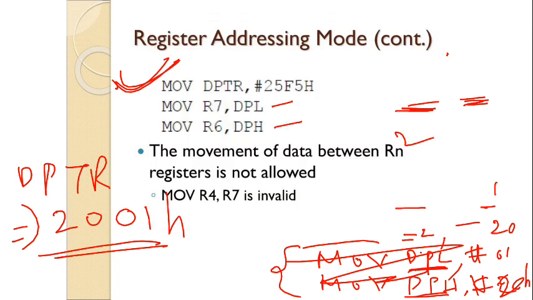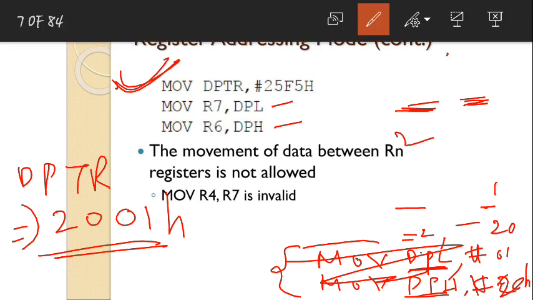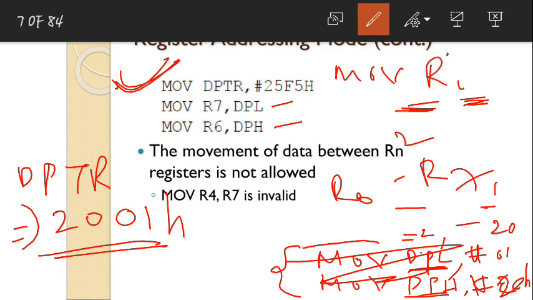So now after this, here one more thing we have, the movement of data between RN registers is not allowed. RN means what? It can be from R0 to R7. So whenever you are trying to write this register addressing mode, this is a very important point you should remember. You can't move data from same bank registers.